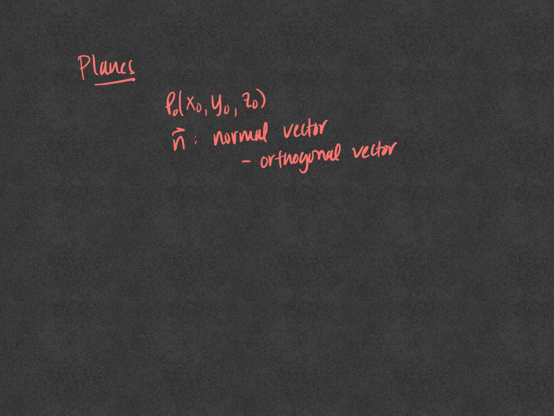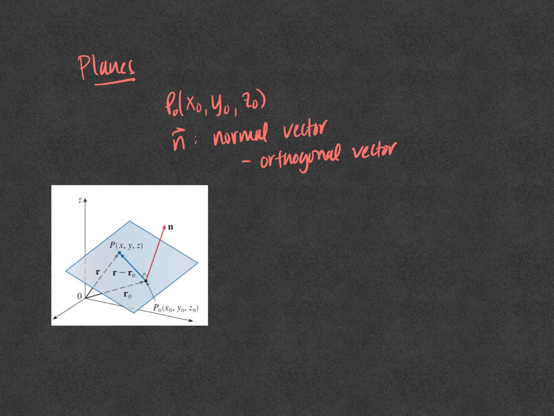So let's pull in a picture here. Let P be some arbitrary point on the plane, point P, and let R sub 0 and R be the position vectors of P sub 0 and P like they were before. So here you can see vectors R and R sub 0.